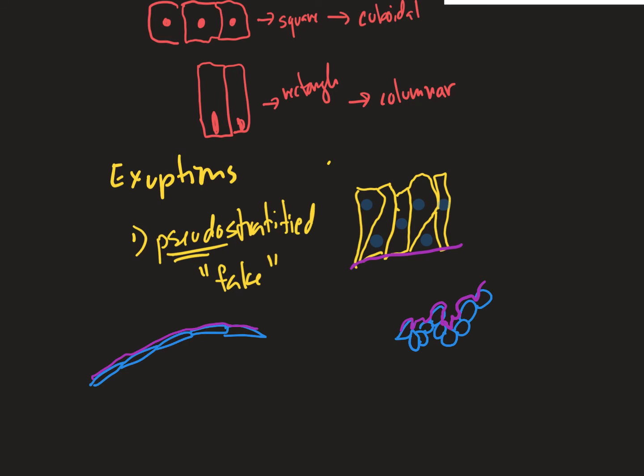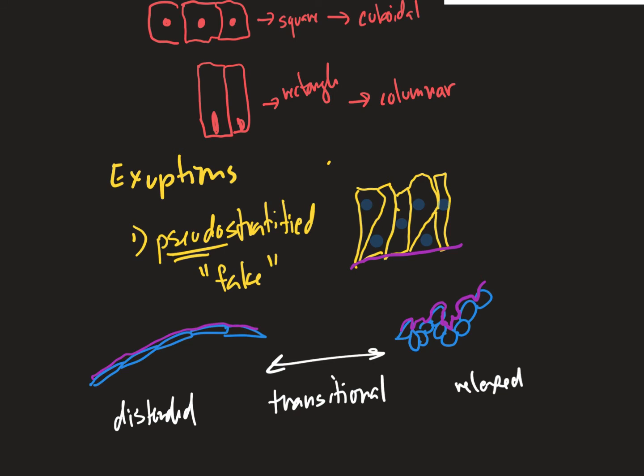Okay? And this occurs because it actually switches back and forth from this form to that form. Okay? It undergoes a transition. Okay? This is called transitional epithelium. Okay? On the left side, this is the distended or stretched version. Okay? And over here is the relaxed version. You find this overlying or lining your bladder. Okay? So the urinary bladder is covered by transitional epithelium.